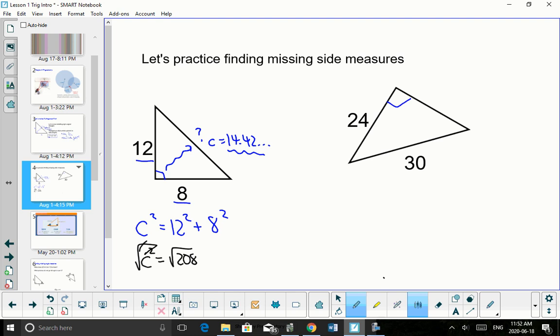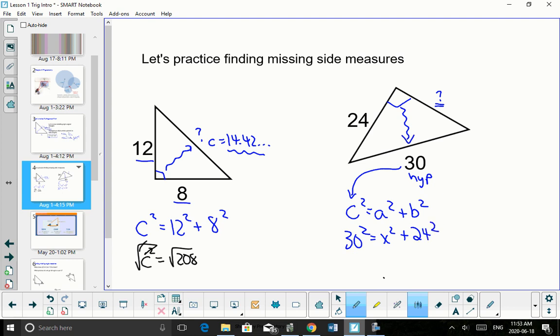So for this one, we're looking for this side right here. First things first, we have the hypotenuse. That means we know that the side that we're looking for has to be shorter than 30. So when we're plugging into our formula, you don't have to write out the formula. I'm just doing that to show you what I'm doing. The hypotenuse has to go on this side. I'm just going to say x squared plus 24 squared. So I'm trying to get x by itself. So I'm going to minus the 24 squared from both sides.